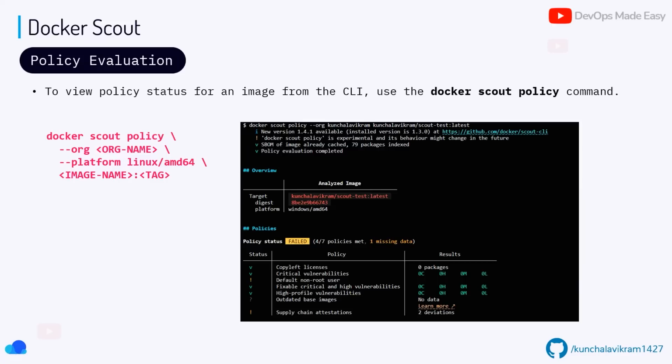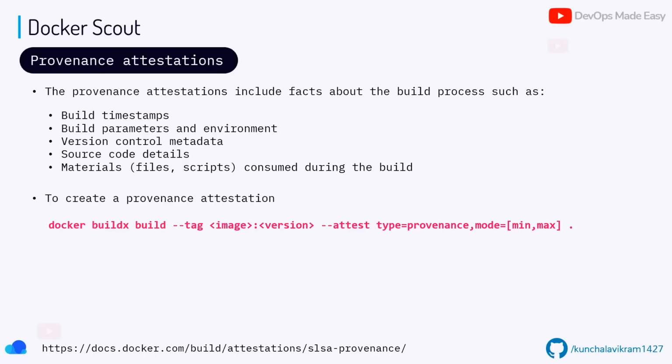Got it. And also, for policy evaluation to work perfectly, you need to include two important pieces of information. One is provenance. So what is provenance? When you're trying to build an image, you can also embed information about your build process, like when you ran this build, in which environment, the source code details, and what scripts and files you used during the build.